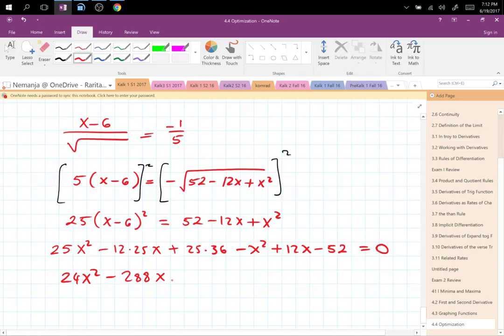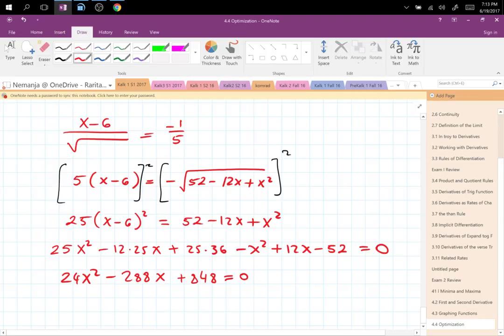And then 25 times 36, 36 is 4 times 9, so it's 900. Minus 52 is 848. These numbers lined up nicely.